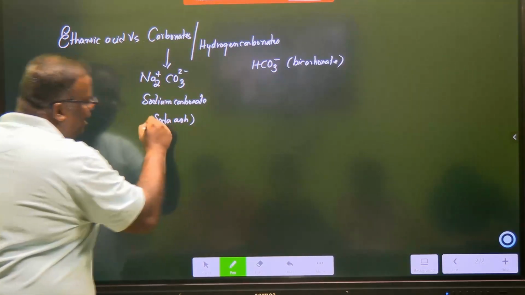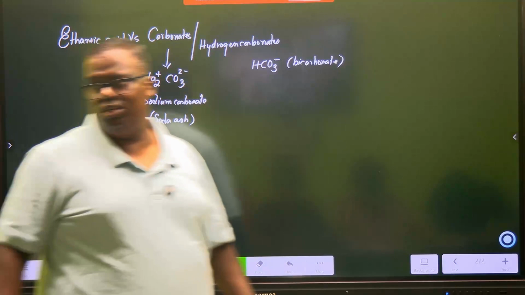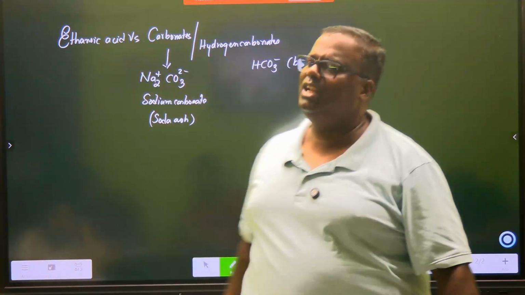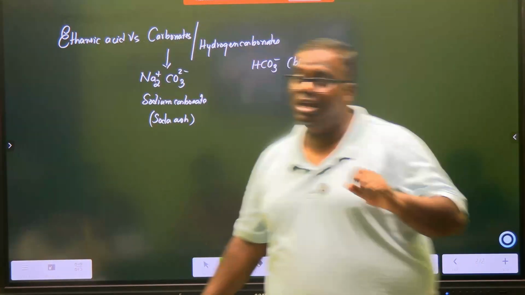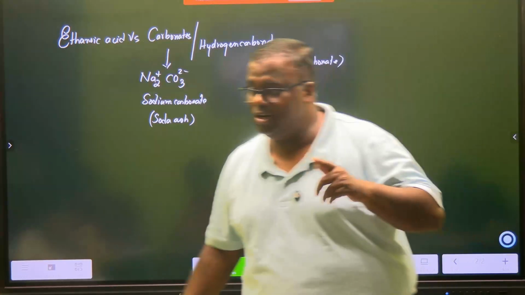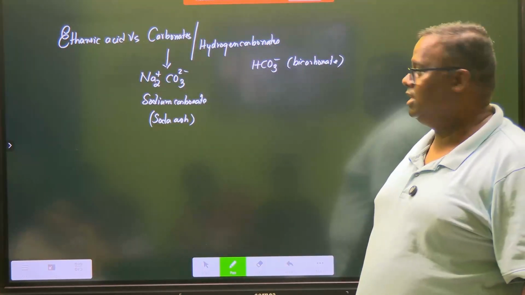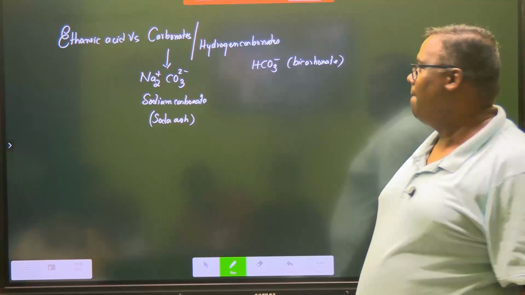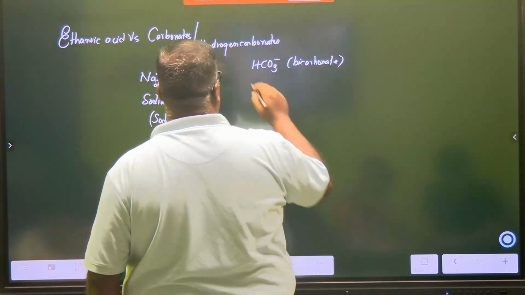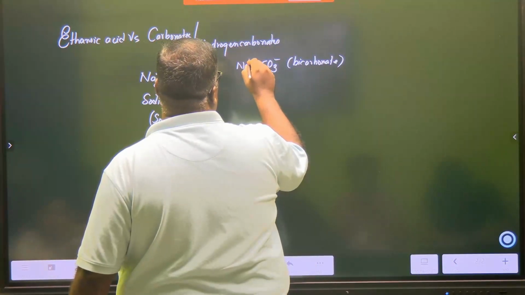In grade 8, if you say this as washing soda, I'll give you full marks, but in grade 10, I will not. Washing soda is when Na2CO3 is surrounded with 10 molecules of water of crystallization, Na2CO3.10H2O. And here I will satisfy it with only one Na plus.